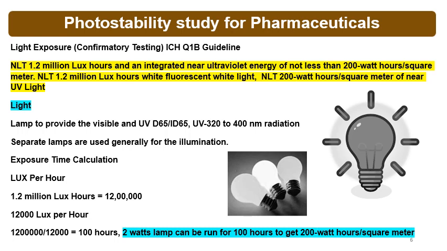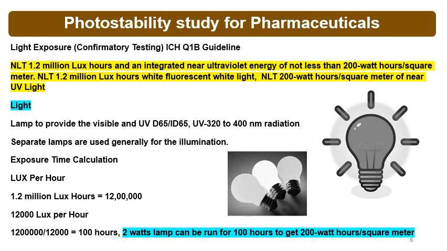So it is not less than 1.2 million lux hours of white fluorescent light and not less than 200 watt hours per square meter of near UV light. The light sources may be single or may be separate. The lamp should provide visible and UV radiation or light. An example is the D65 lamp, or ID65 lamp, and a UV range of 320 to 400 nanometers is required.